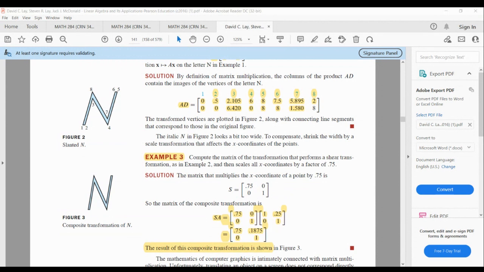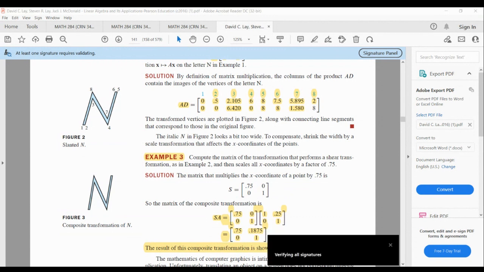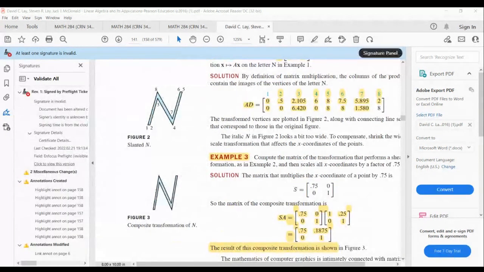The bending, the slanting of the letter N, or the shrinking of the x coordinates. In example 3, what technically is being done first to the coordinates of the letter N? Is it the slanting of the letter N or the shrinking of the x coordinates?